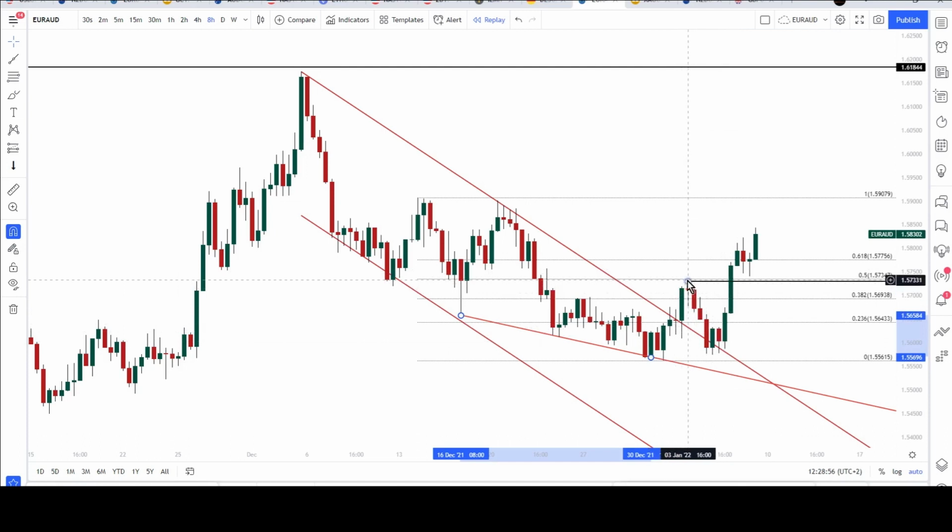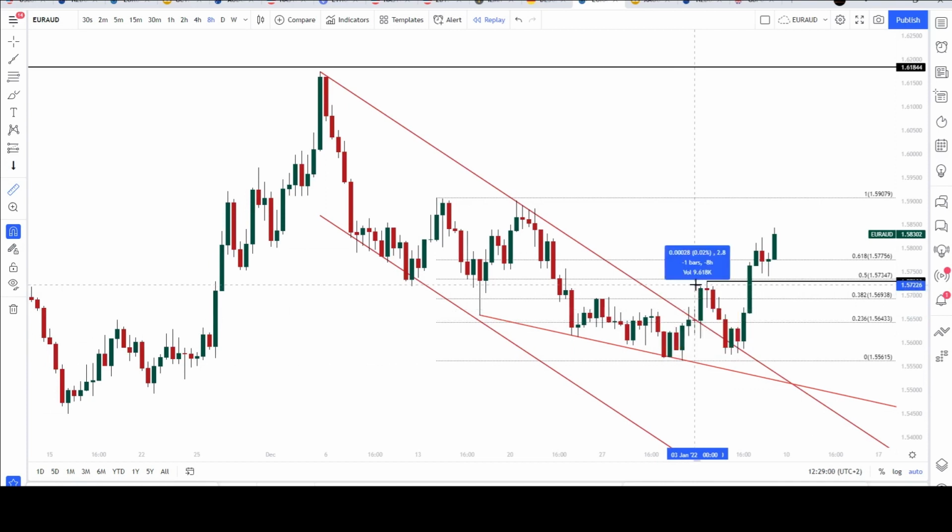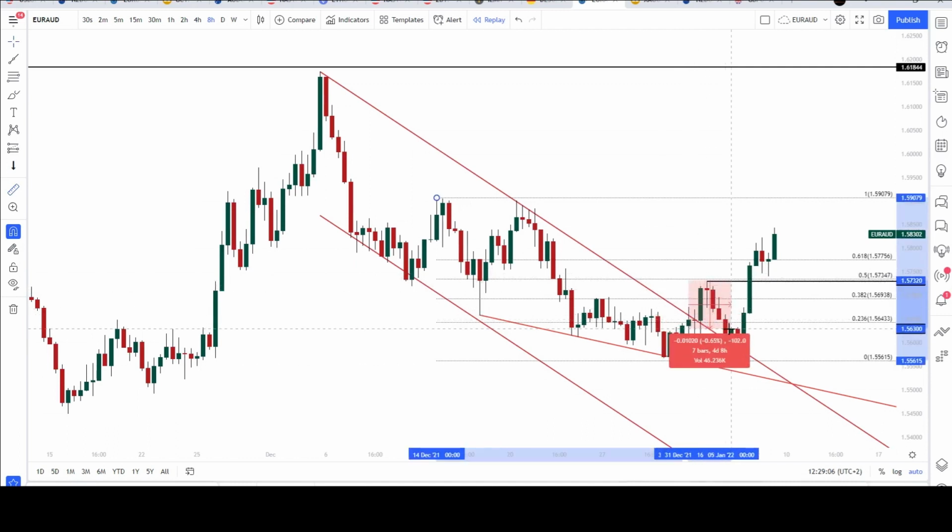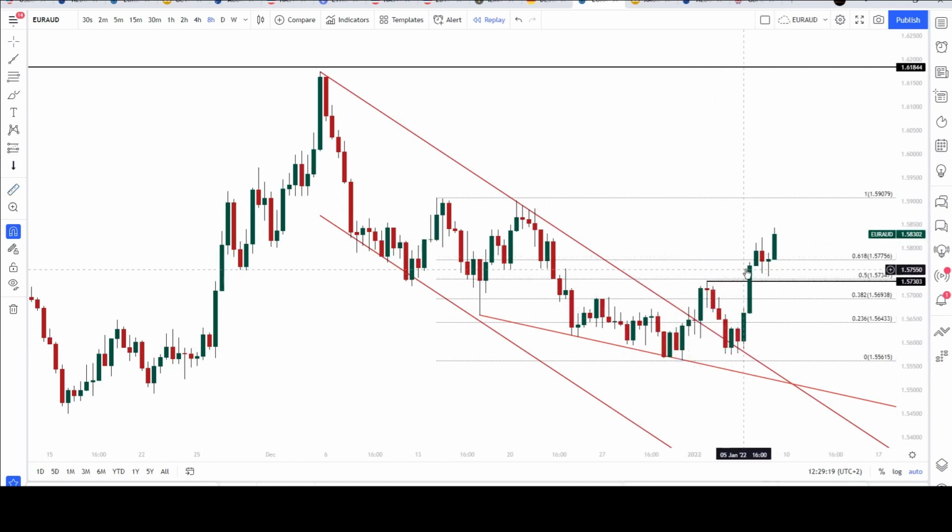Let me see how much this was. This move here, oops, let me see. I need to learn how to use this. There we go. This move was about 1%, so 160 pips. So that basically suggests that the level is important, and once it was penetrated, the market retraced close to it, but then moved higher.